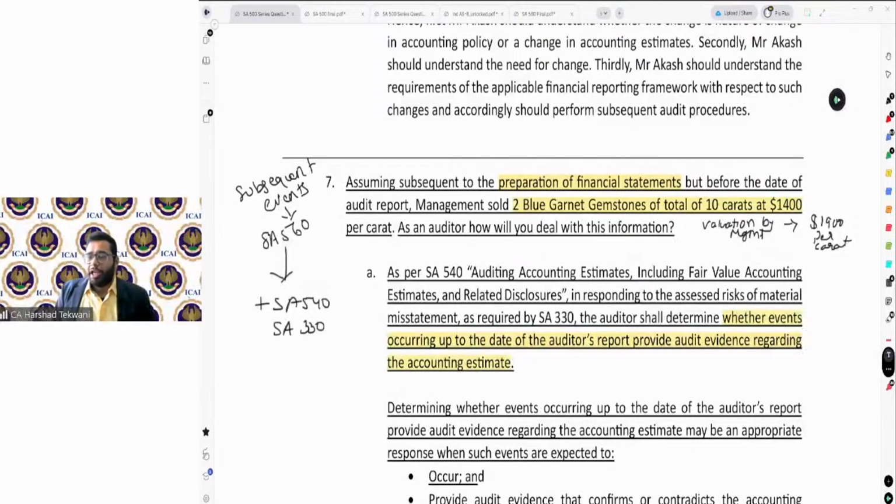Yes, Purvi. If you write about any other standard in the exam which is not relevant here, you might not get the marks. Let's say, for example, if you write about SA 520 analytical procedures, that is not relevant here. Rather, the relevance is about subsequent events.